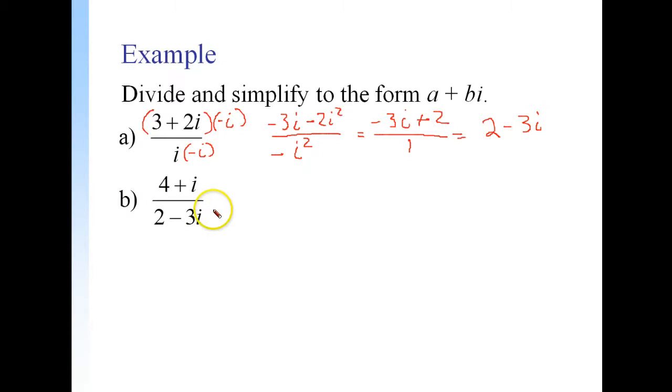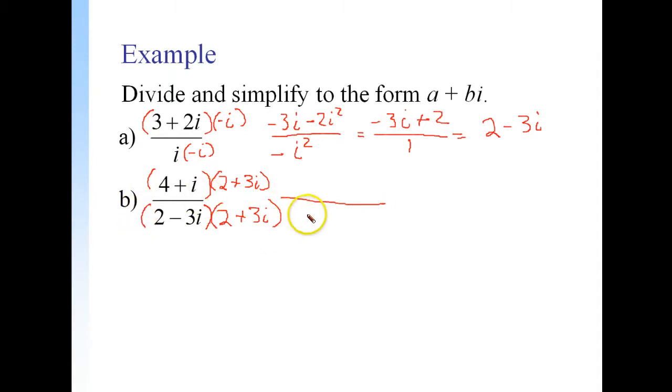Now for this one, we're going to use the conjugate of the denominator, which is 2 plus 3i, 2 plus 3i.